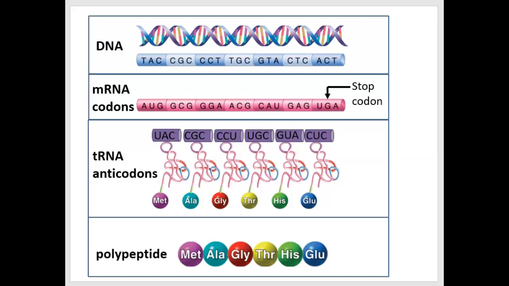Notice that you don't even have to know anything about the transfer RNA anticodons to make this prediction. But it is interesting to note that the sequence of anticodons on the transfer RNAs, which are carrying the amino acids, is identical to the original DNA sequence. Except, of course, all thymine is replaced with uracil.